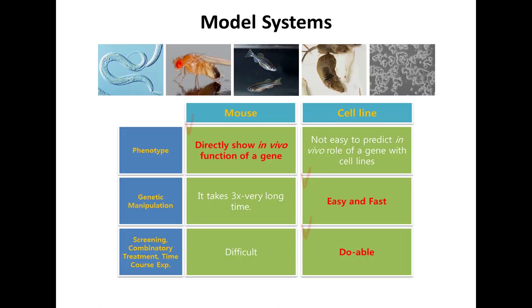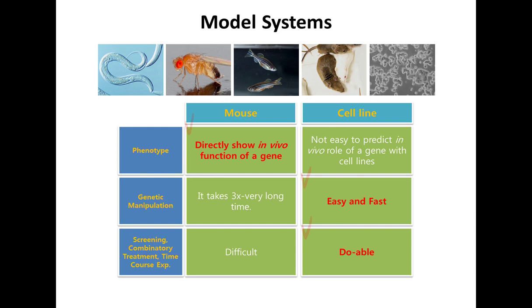So here I'm comparing some of the model systems that are very popular in our field. You know that there are worms and flies, which are invertebrate model systems. Many of you might have been working with the mouse and zebrafish. I myself have been working extensively with the mouse as well as the cancer cell lines.